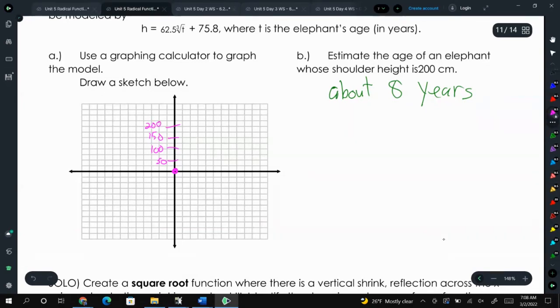That'll make it easier to work with. And notice I didn't go in the negative direction. That's because we're talking about years for an elephant, and that just doesn't make sense to have negative years.